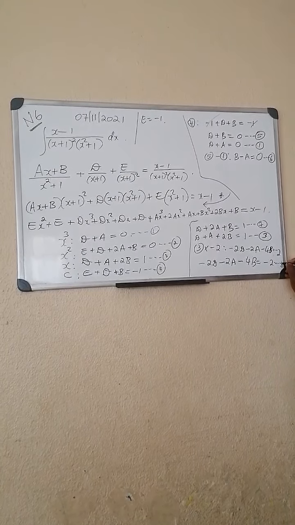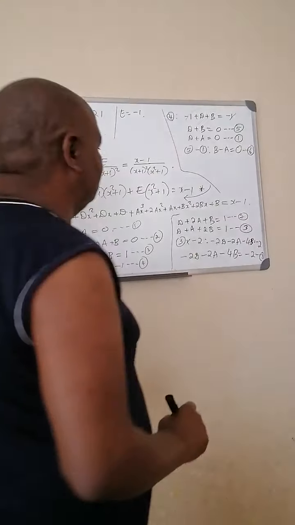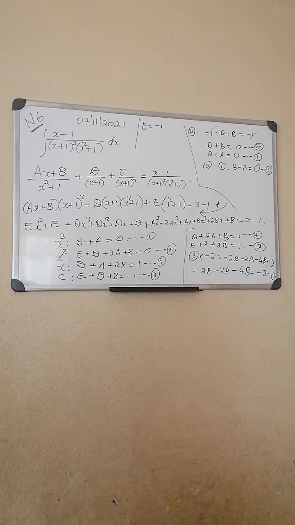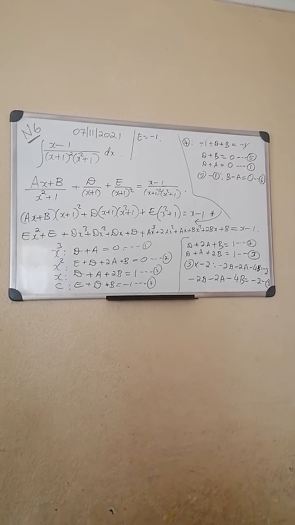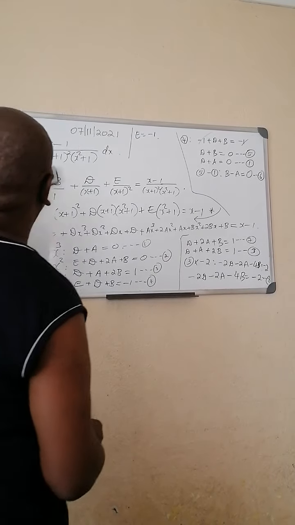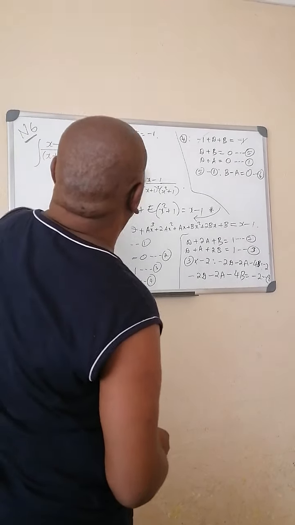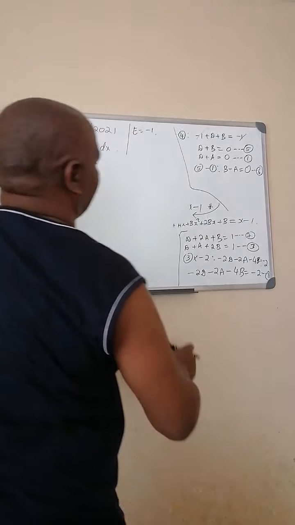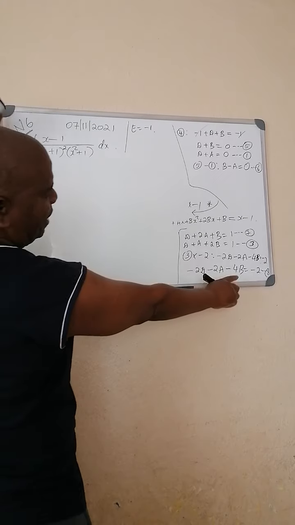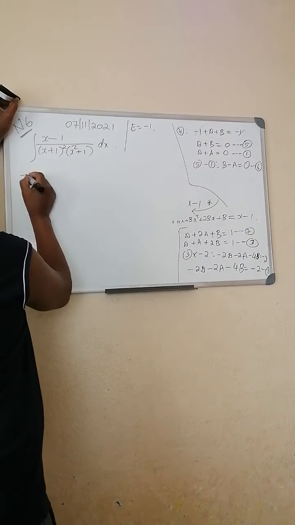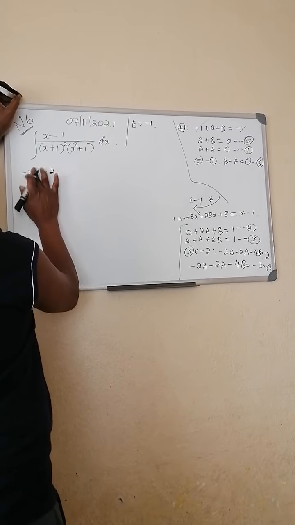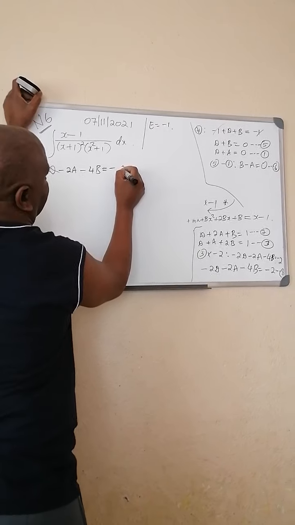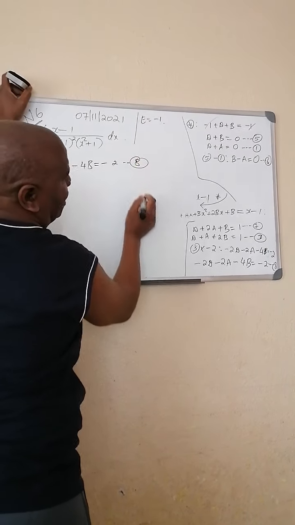This I can name equation 8. Oops. If I take down my equations, then where am I going to work now? Let's see. I have minus 2D minus 2A minus 4B equals minus 2 as equation 8.